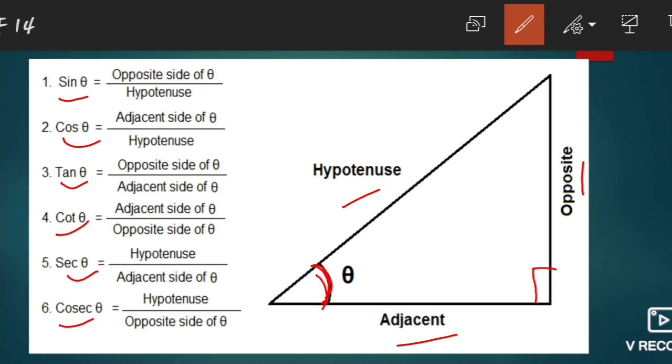Sin is opposite by hypotenuse, cos is adjacent by hypotenuse, tan is opposite by adjacent. Cot is the reciprocal of tan, that is adjacent by opposite. Sec is the reciprocal of cos, that is hypotenuse by adjacent, and cosec is the reciprocal of sin, that is hypotenuse by opposite.